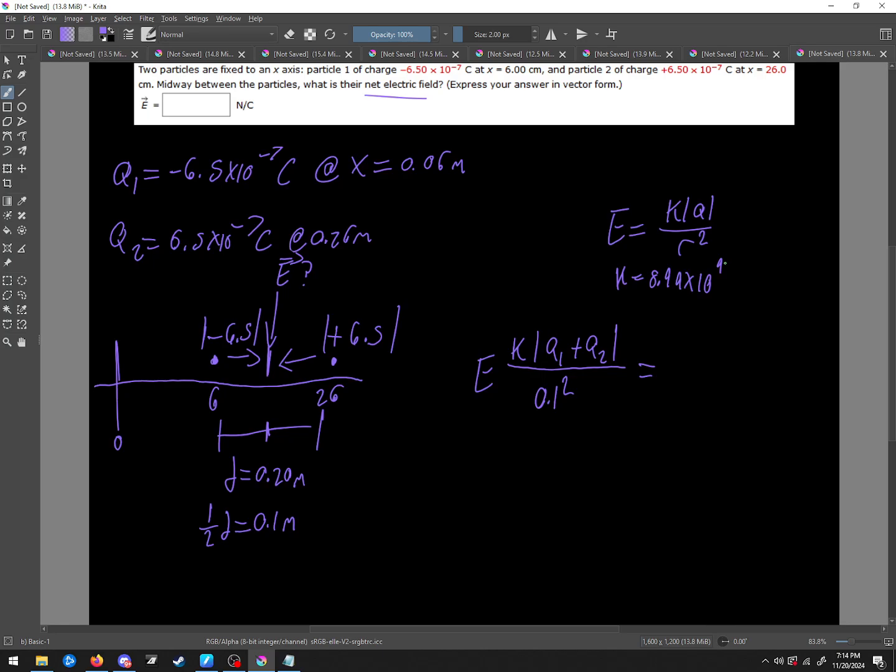And it's all over 0.1 squared. Okay. I'm getting 116,870 or so. It's going to be newtons per coulomb. And they want this in vector form.